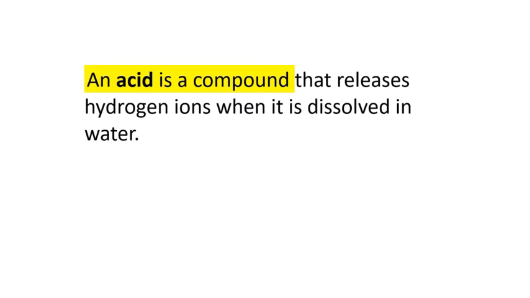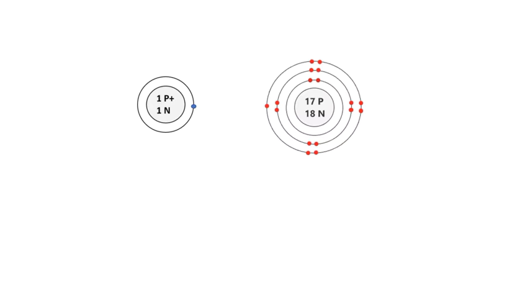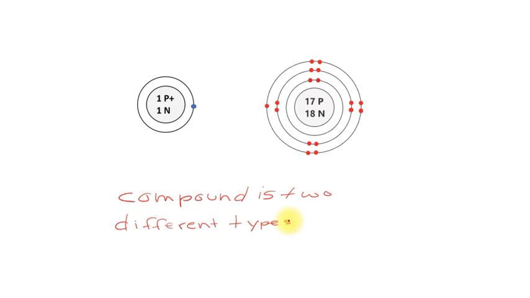What is a compound? So here's two atoms, and what a compound is, two different types of atoms bonded together.